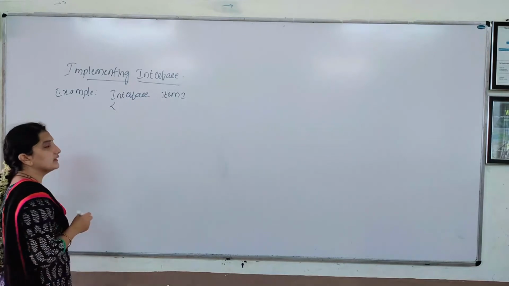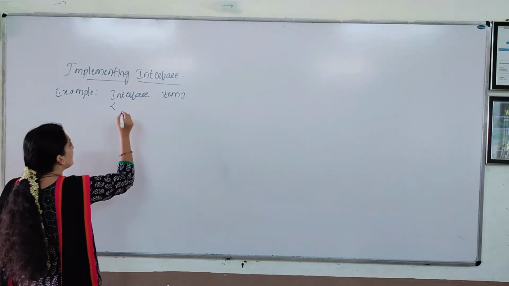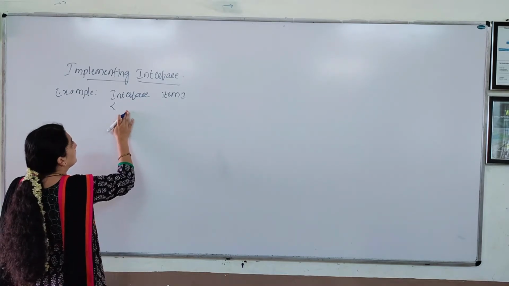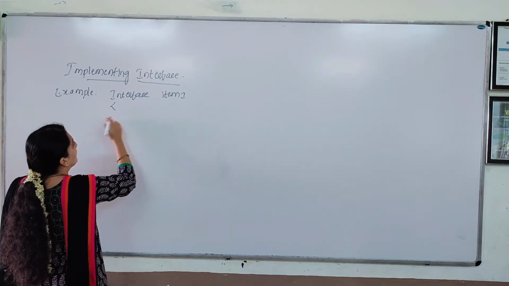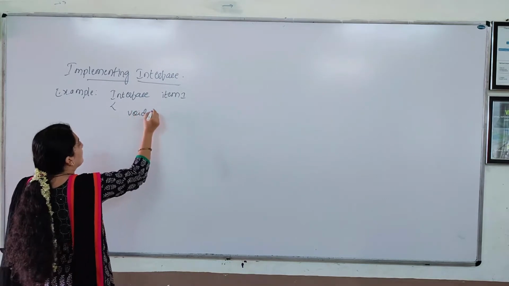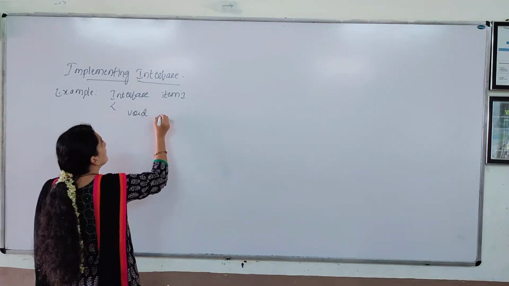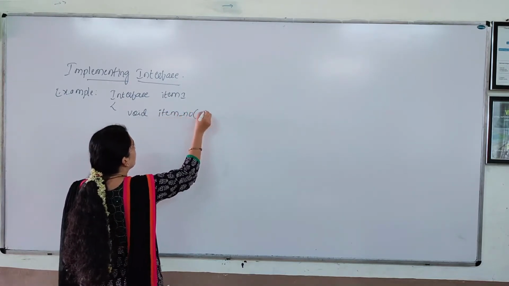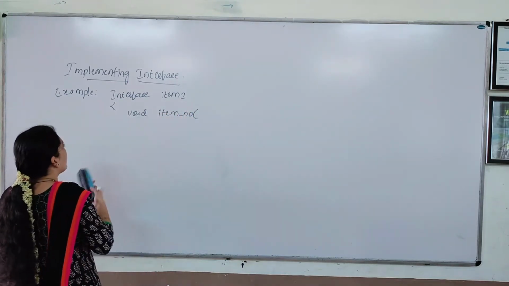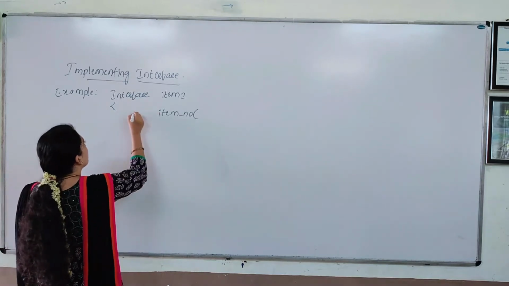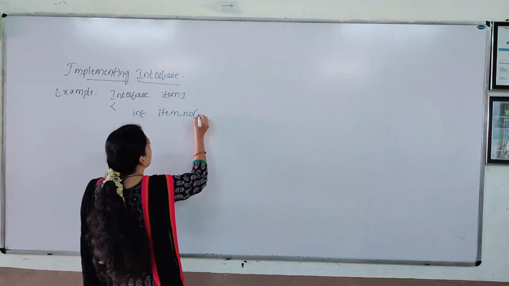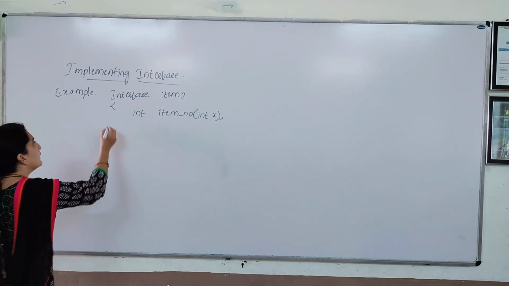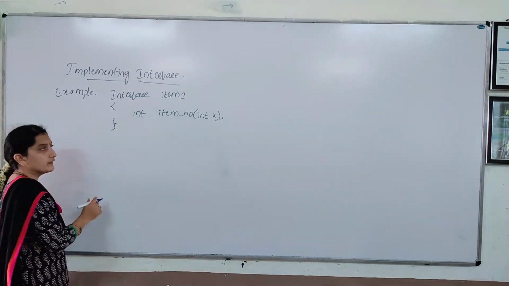In this interface I am going to declare one method, void item number. Instead of void, I will take it as int. Item number, int x. Now this is one interface.